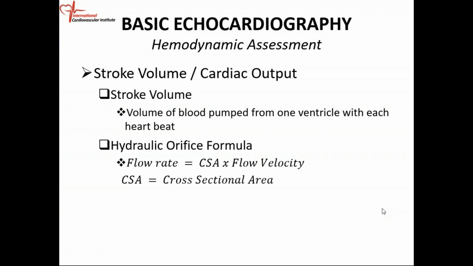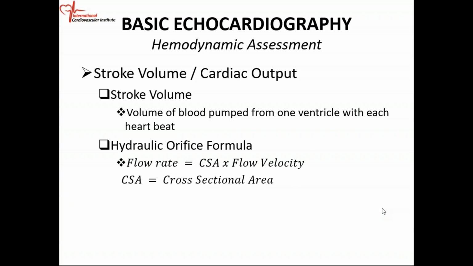Okay, so we commonly calculate flow rate across valves, and there are 4 valves in the heart, and we assume that the valve area is circular. That's an assumption. The valve areas are not really circular, but that's an assumption we make because if it's circular, we can calculate the area.